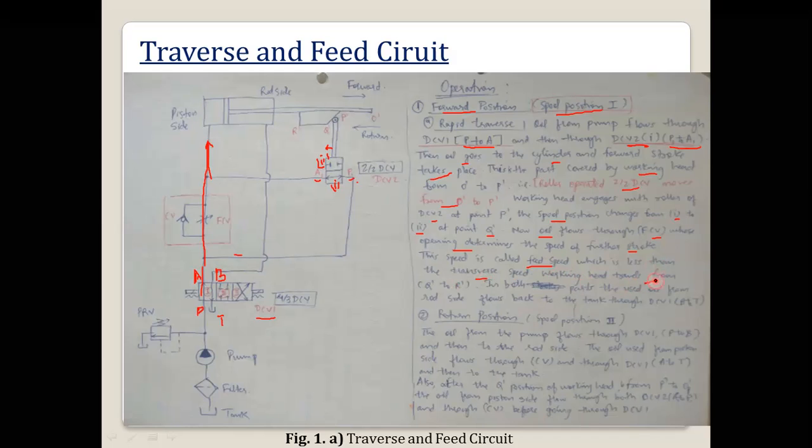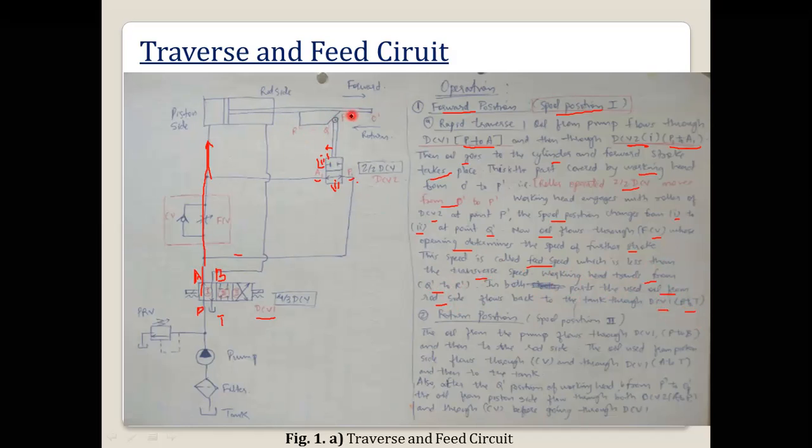The working head travels from Q dash to R dash as the piston rod moves. In both parts, the used oil from the rod side flows back to the tank through the DCV1, that is B to T.